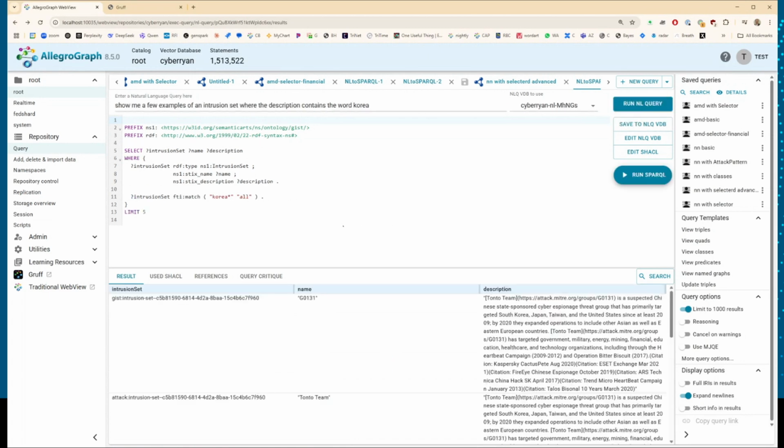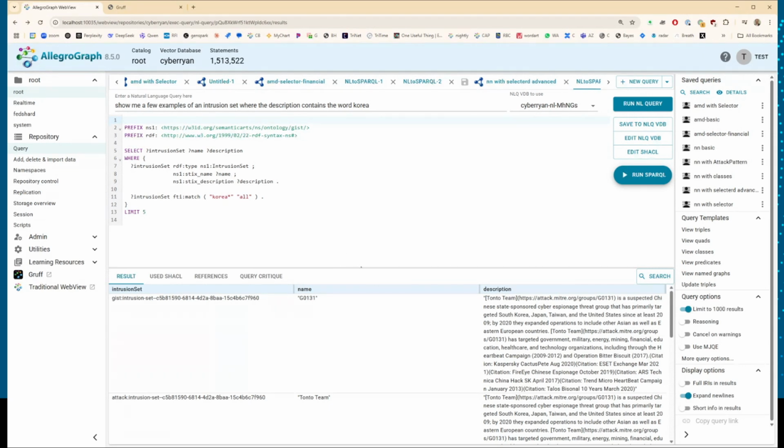So now it has to figure out where the descriptions actually are, right? And then you see the intrusion set, the name of the intrusion set. Now, by the way, I didn't tell it to give me the name, right? But it thought it was fairly logical that it also got the name, right?